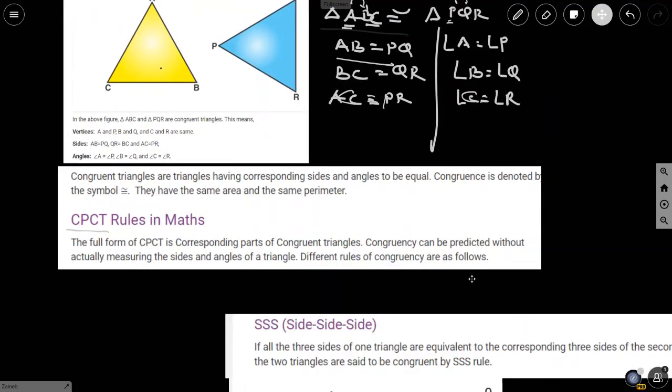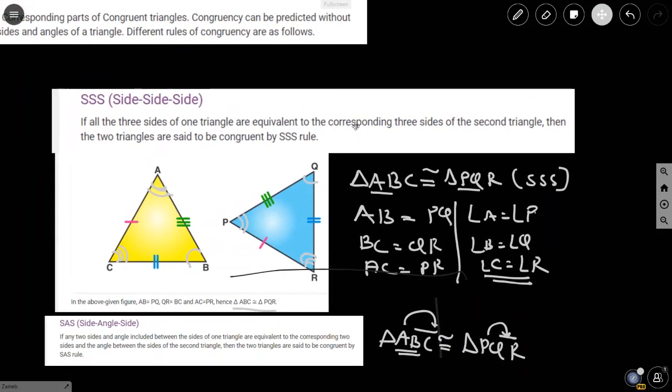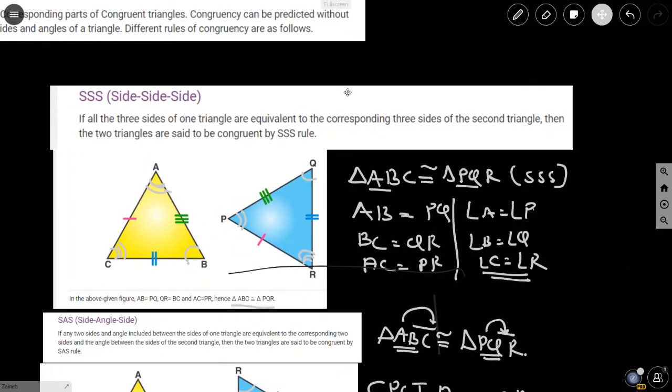Next we see the SSS criteria, how we get CPCT and how we get the sides. If all three sides of a triangle are equal to the corresponding three sides of a second triangle, then the two triangles are said to be congruent by the SSS rule. So here triangle ABC is congruent to triangle PQR by SSS criteria.